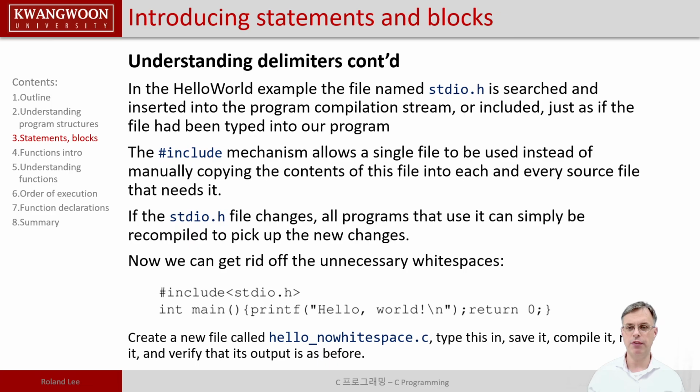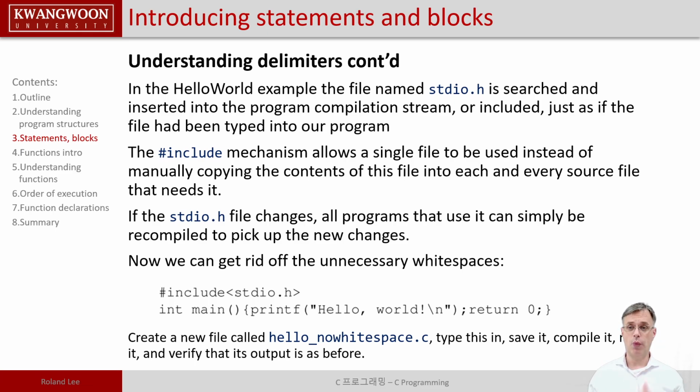Otherwise, any changes to any version of the copied text of stdio.h would have to also be made in every file that also copied its contents directly. Too complicated. So that's why I just simply use sharp include. We will encounter many of these kinds of files, those that are part of the standard library and those we create by ourselves, as we begin to make our programs more complex and useful.